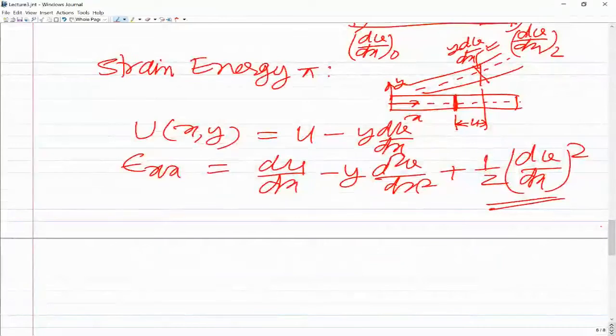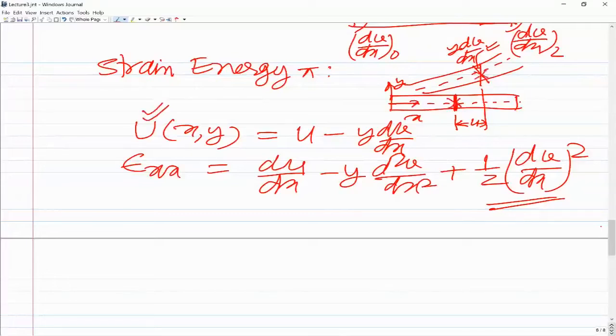Once you have this as a strain, what is capital U here, sir? Capital U is the displacement of any point at a distance y from the neutral axis, along the x direction. Small u is the displacement along the x direction of a point on the neutral axis. So if I take the point here, finally this point has gone here.